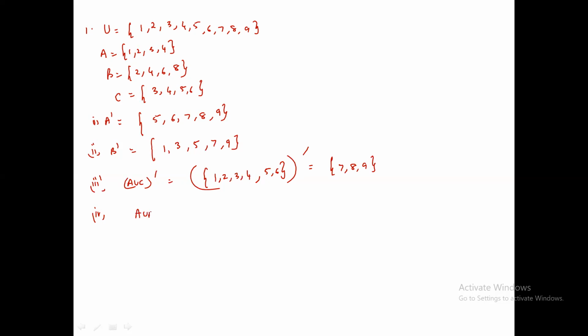The fourth one is A union B whole complement. Write the set A union B. First write the set A: 1, 2, 3, 4. Then B: 2, 4 I need not write again, 6, 8. And then you have to take the whole complement. That means from U, you have to remove 1, 2, 3, 4, 6, 8. Left is 5, 7, 9.